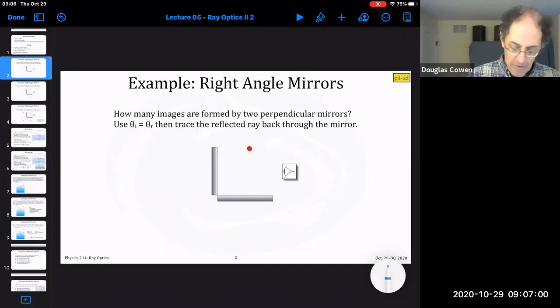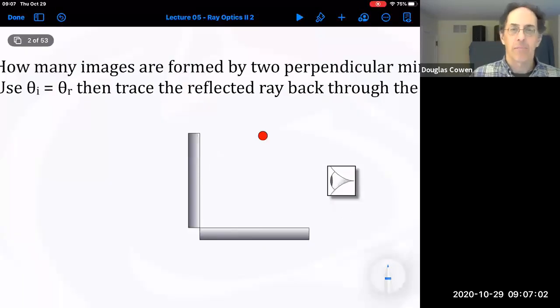For our purposes, we have an object, a red ball. Light is reflecting off of that ball from some source. The question is, when the light reflects off that ball, are there ways that it can bounce off these mirrors so that the light comes into your eye, which is shown over there on the right?